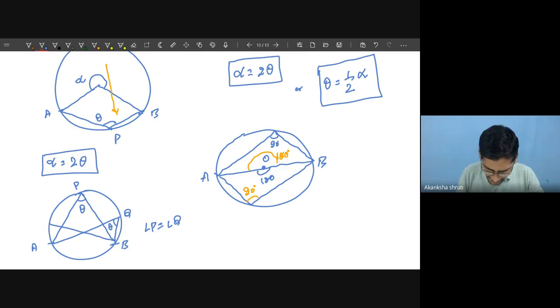But we have to keep the arc AB, or the chord AB. If we denote this angle as R, this angle will also be theta. This thing we have already learned.